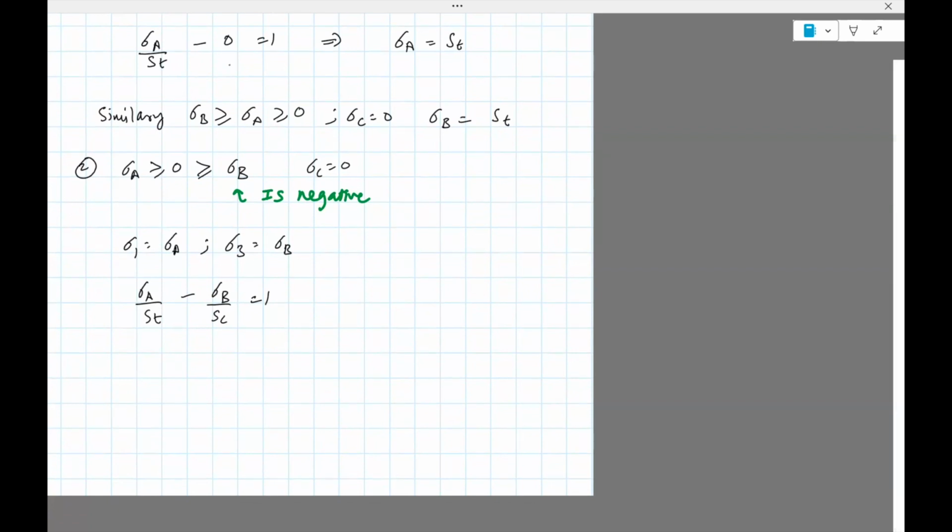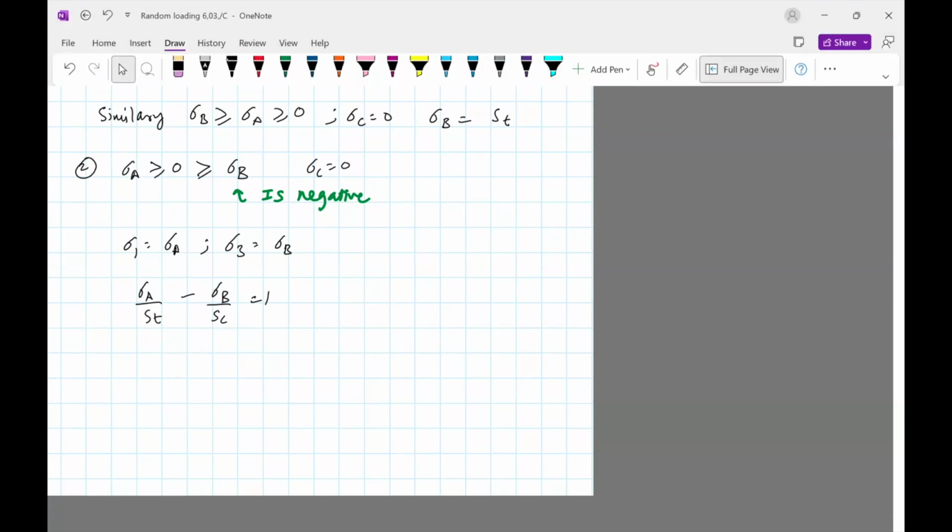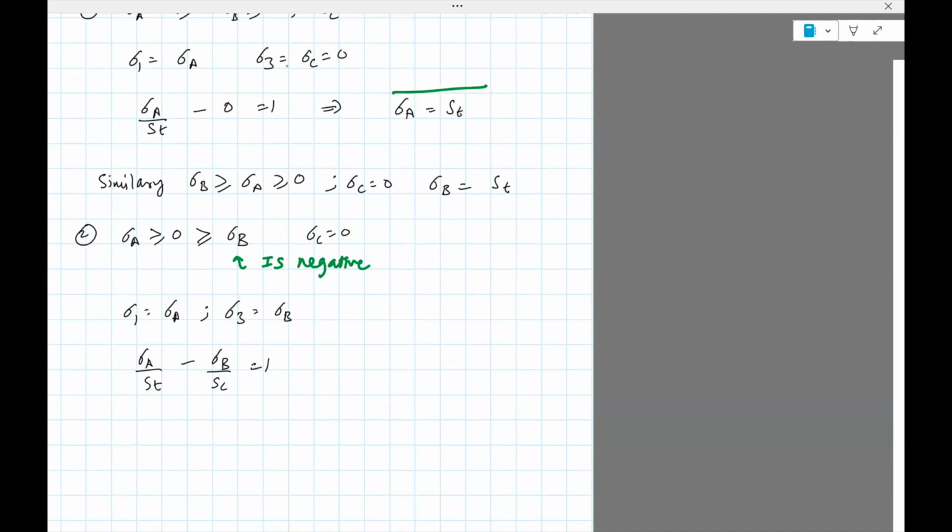Let me just underline this. We'll need it later on. We'll call this one number 1. That just depends on which of them is greater than 0.